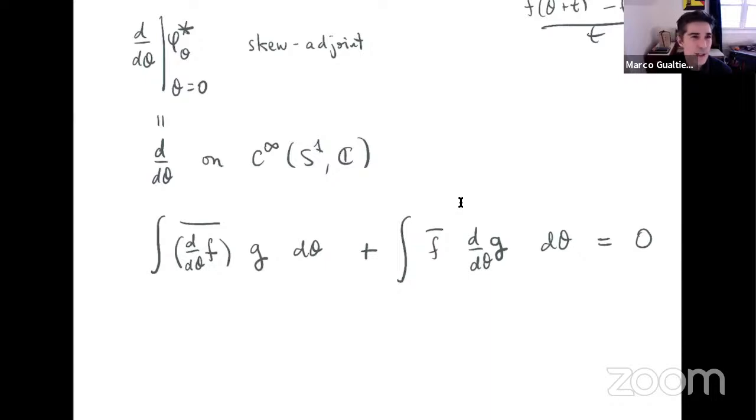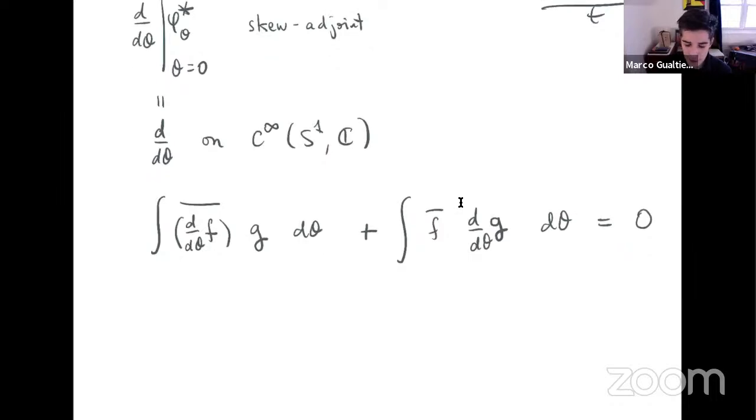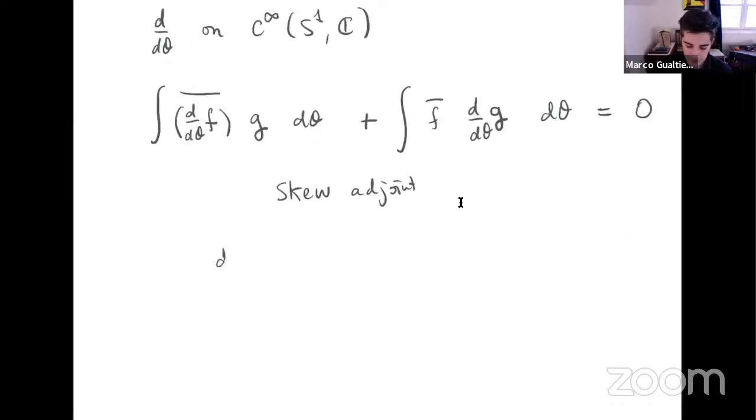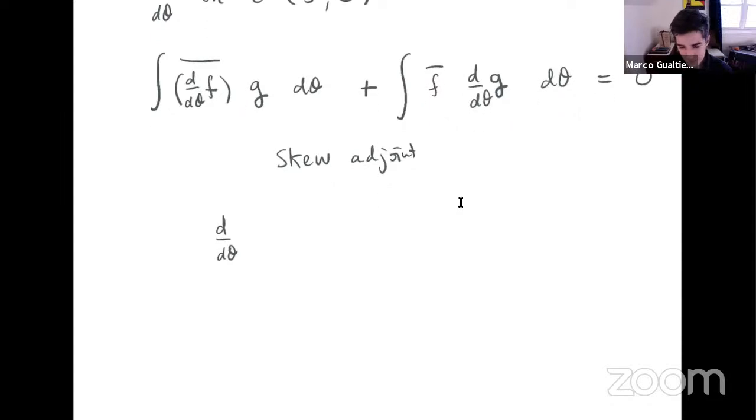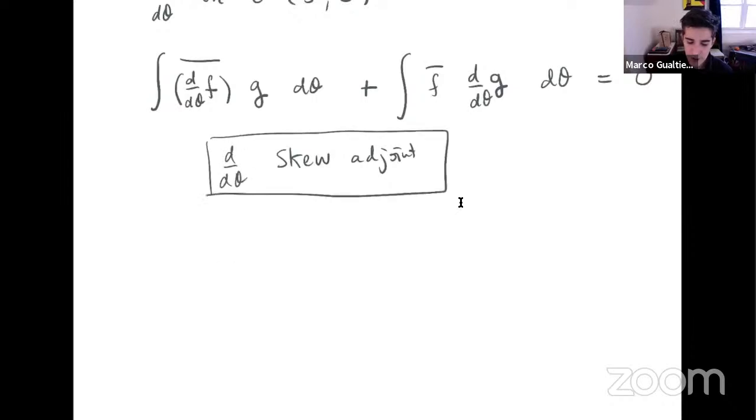The integral of F prime g is equal to minus the integral of g prime f. So this means that it's skew adjoint. If this operator d by dθ is skew adjoint, therefore minus i d by dθ will be self-adjoint.